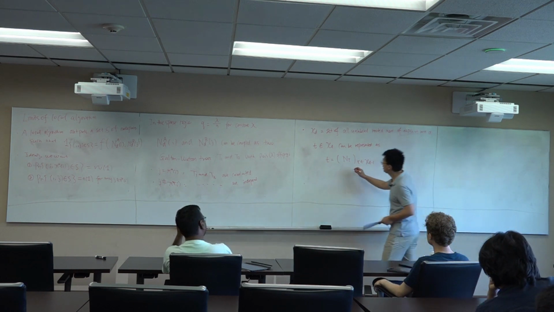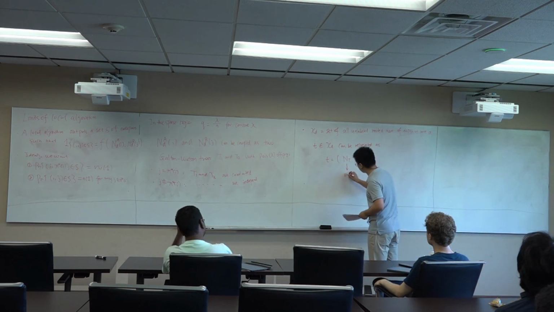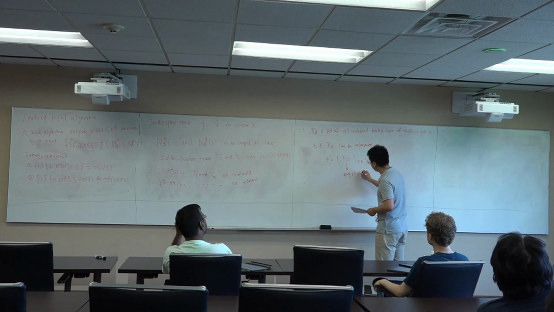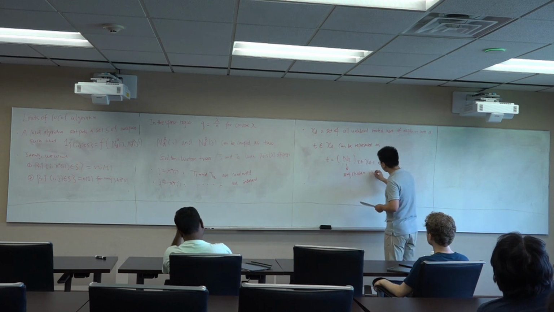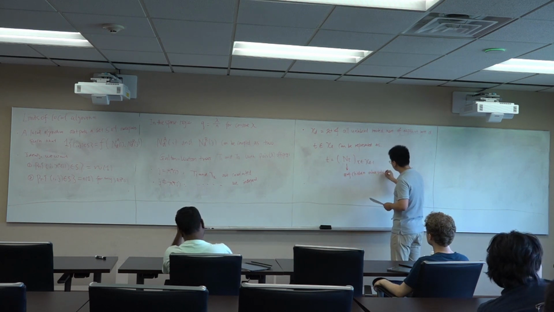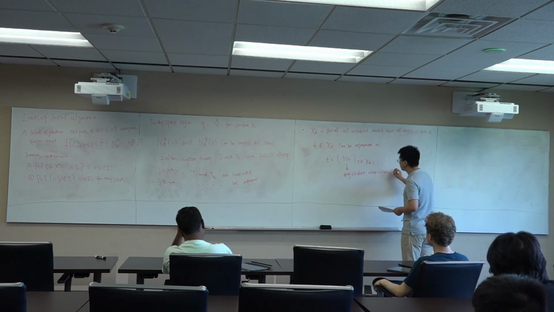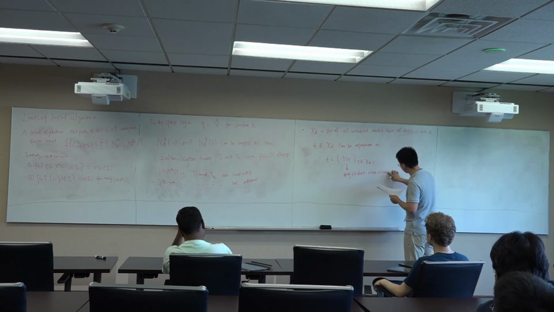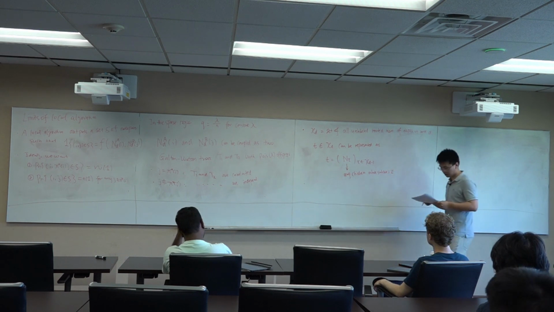Okay, so this n_tau here is just the number of children whose subtrees is basically equal to tau.